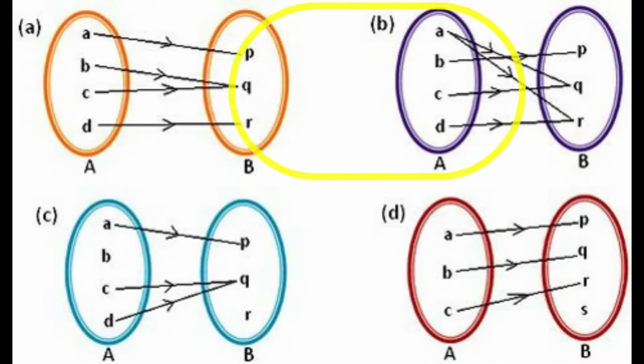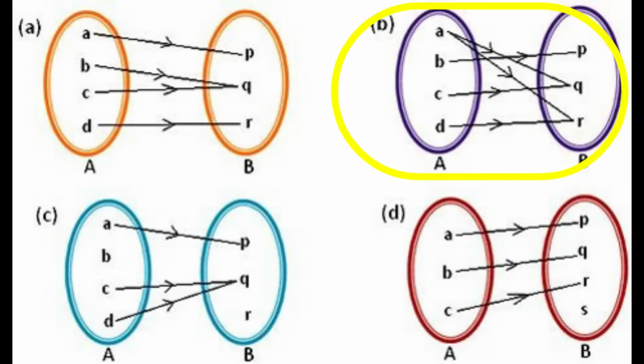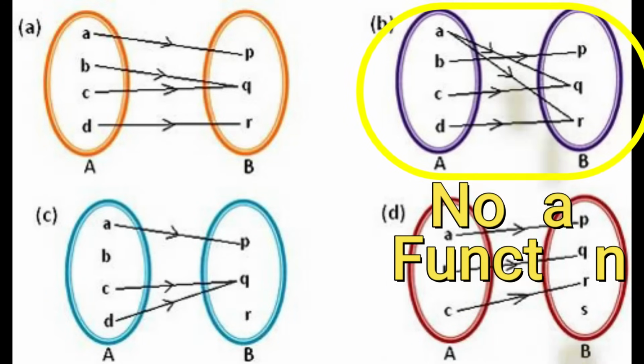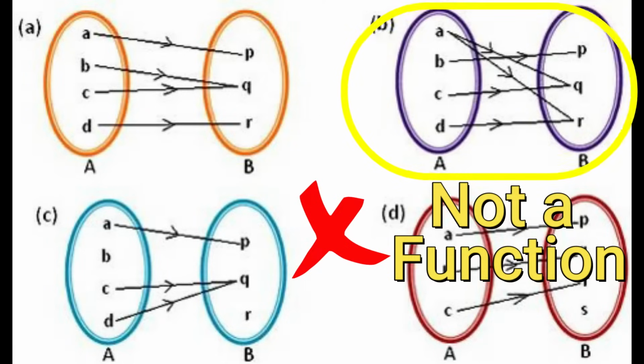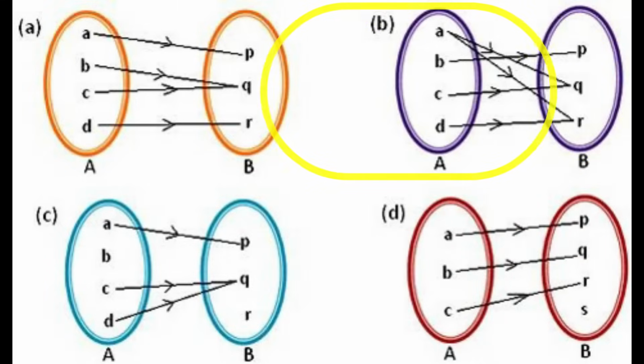If you take B, this is not a function. What is the reason? The element A is linked with two elements in set B, so the definition is violated.